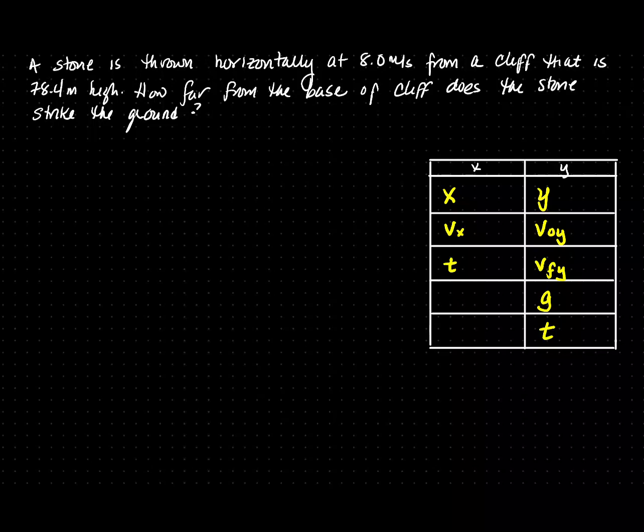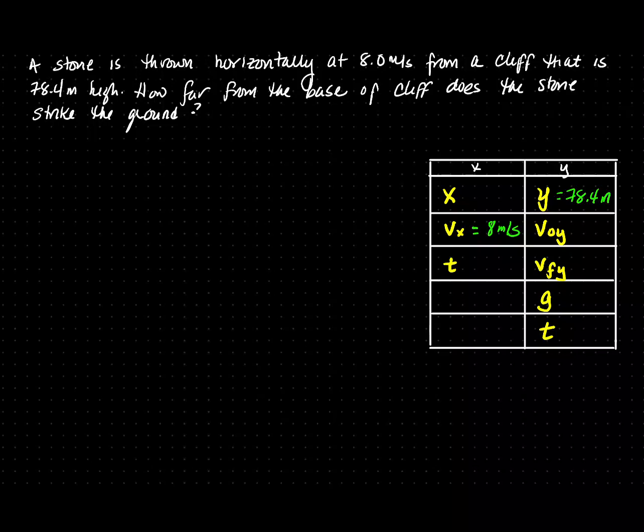This stone is thrown horizontally at 8 meters per second. That tells you the Vx is equal to 8. From a cliff that is 78.4, that is my y. How far?